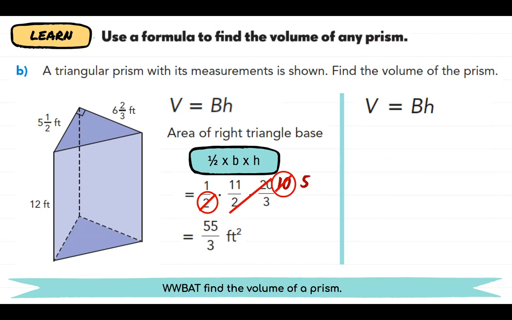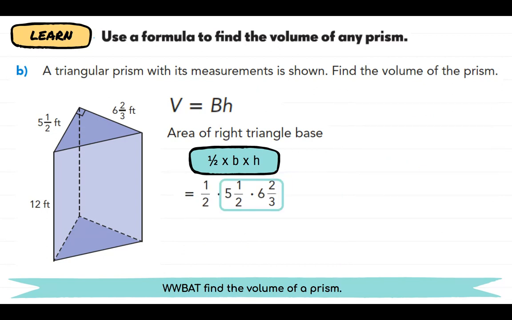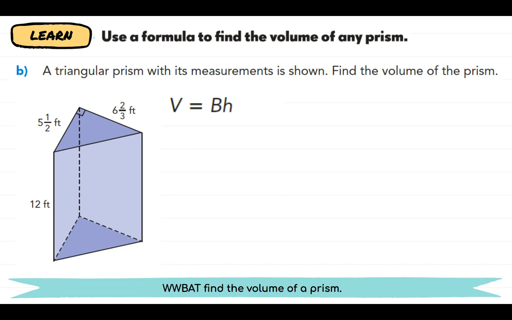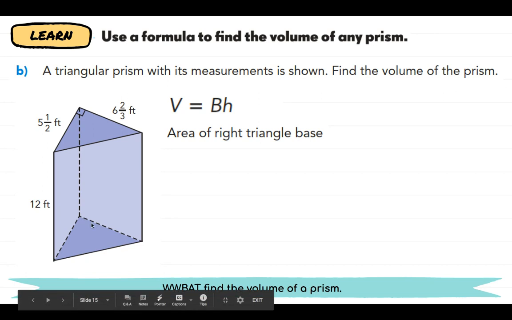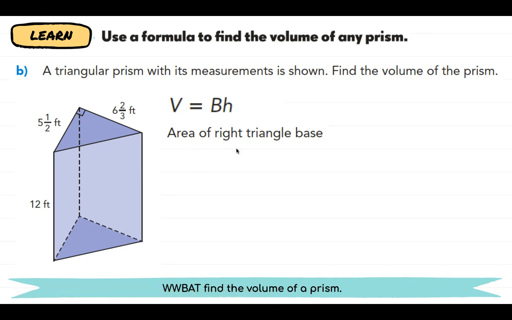Let me just recap what we just did. To find the volume for this triangular prism, we first find the area of the right triangle base. We have to look at the bases of the prism to be able to understand what formula to use. In this case, it's the right triangle. So we use the formula for a triangle, 1/2 times base times height.